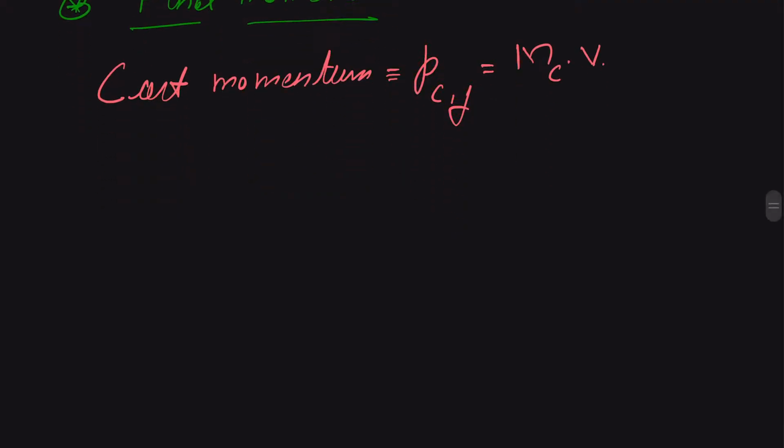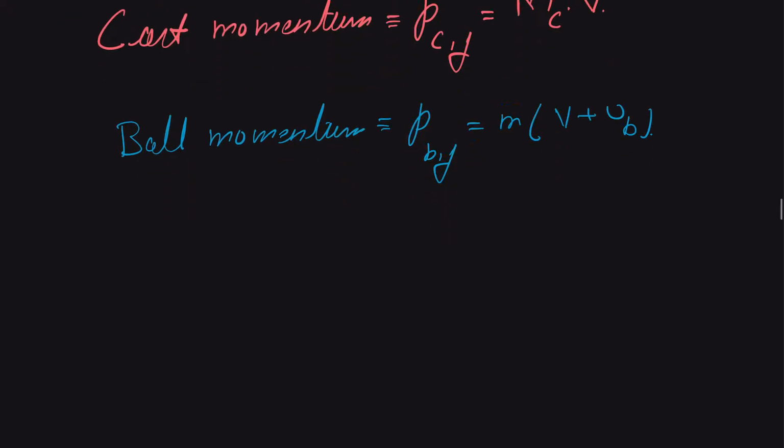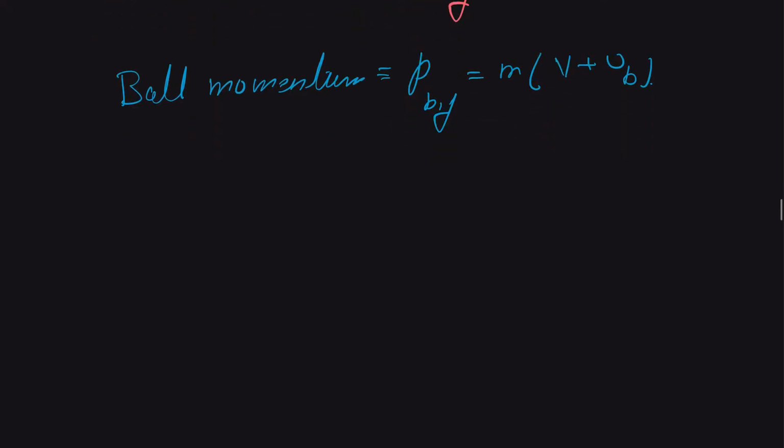And then we come to our ball's momentum, let us call this PB final, which will be equal to its mass and the velocity with respect to the ground. Now we can find out the total final momentum.